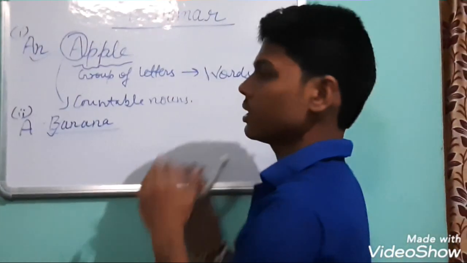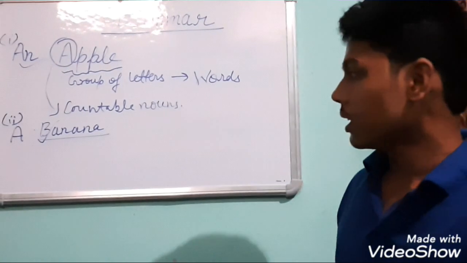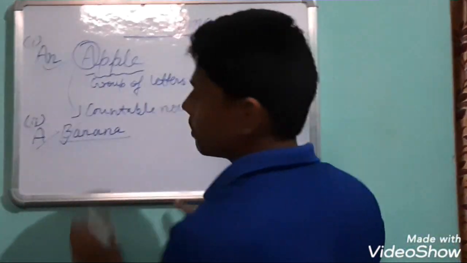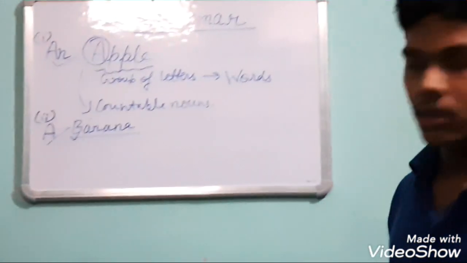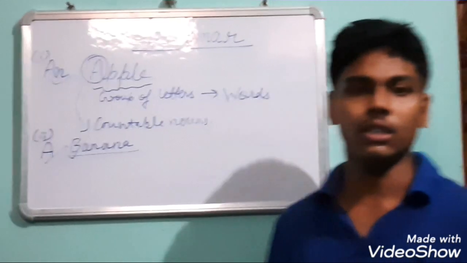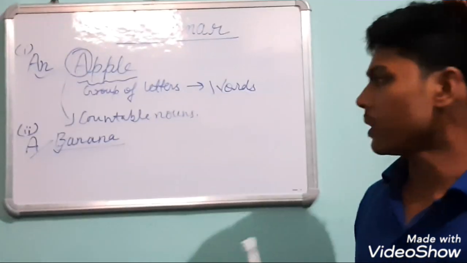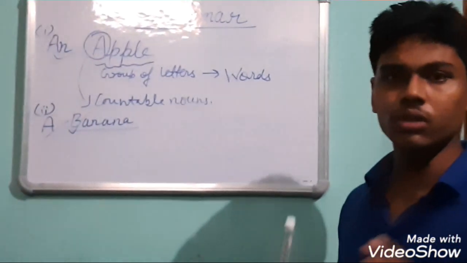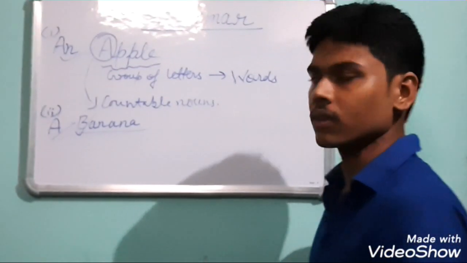If any word starts with a letter other than A, E, I, O, U, then we can simply add A before them. Okay. Later on we will also study deeply about the use of a and the.